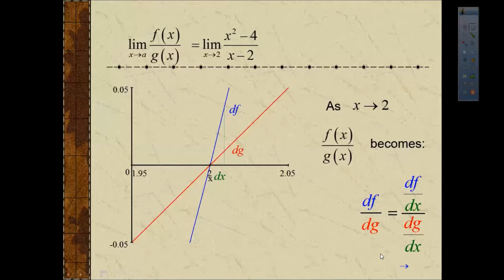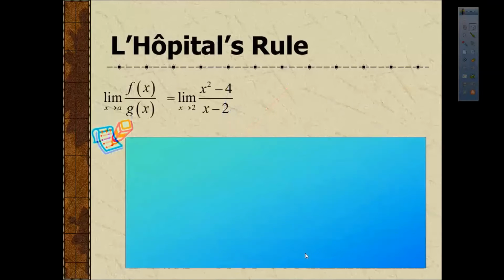But that's exactly the same thing as saying the derivative of f with respect to x over the derivative of g with respect to x. Right? And L'Hopital's rule tells us that when we run into an indeterminate form such as this, we can take the derivative of the numerator, the derivative of the denominator, and try the limit again.